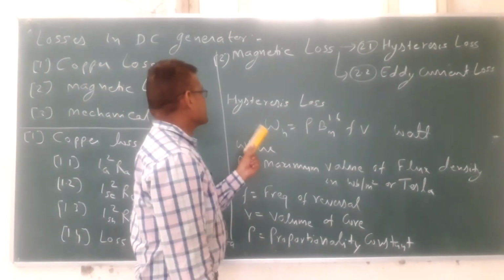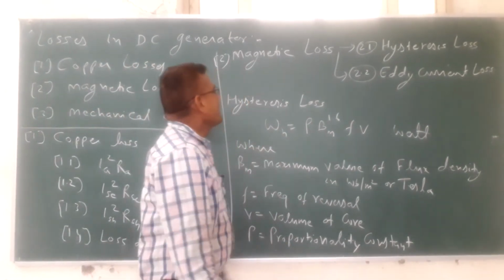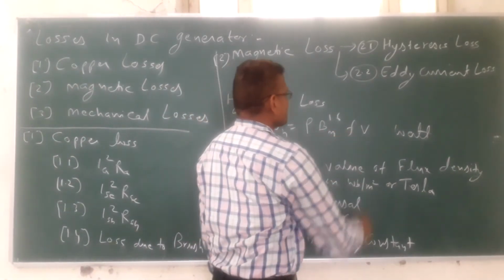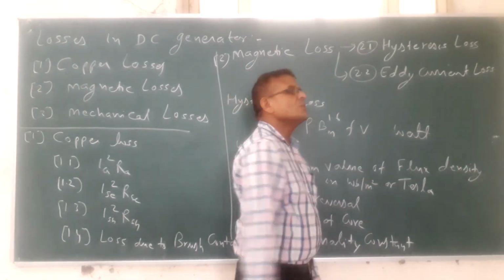So the value of hysteresis loss in DC generator depends upon maximum value of flux density, frequency of reversal, and volume of core.